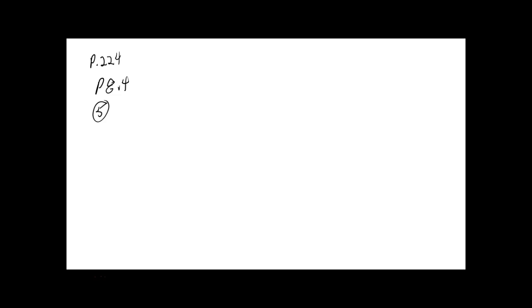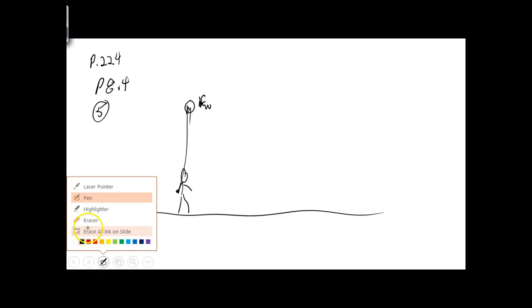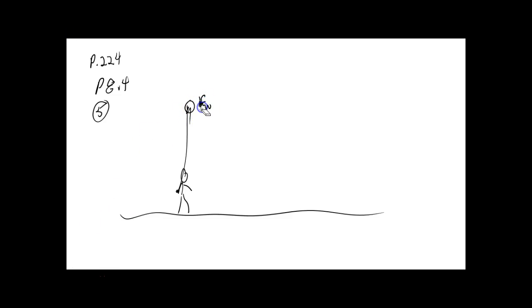So when this says a 0.175 pound ball is thrown upward with an initial velocity of 75, you are on the ground down here, and you're throwing the ball straight up. This is the weight of the ball, F sub W. Now this is in the U.S. customary system, not the SI system.